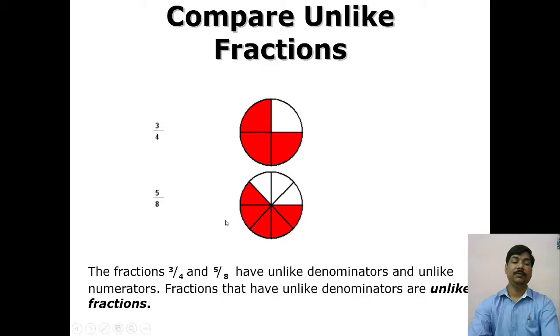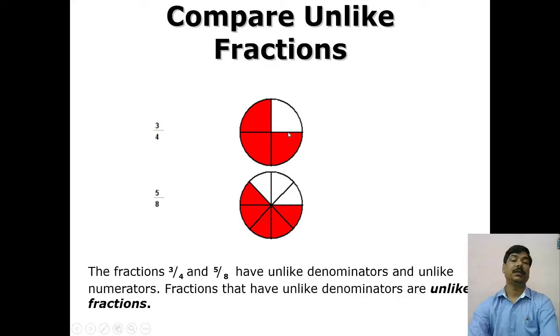We take some examples. This fraction shows 3 upon 4 and this fraction shows 5 upon 8. How do we represent 3 upon 4? This picture shows 3 upon 4. How do we represent 5 by 8? This picture represents 5 by 8.